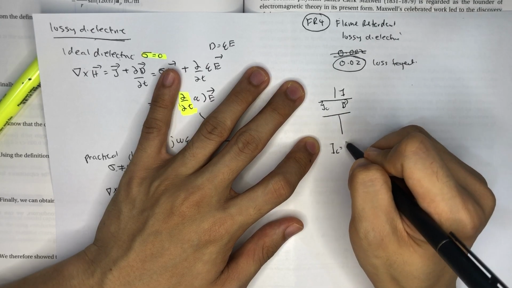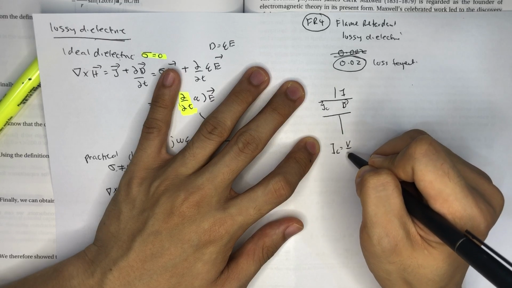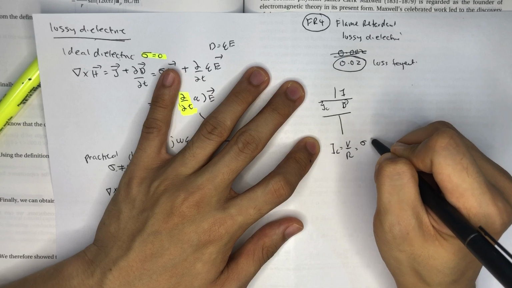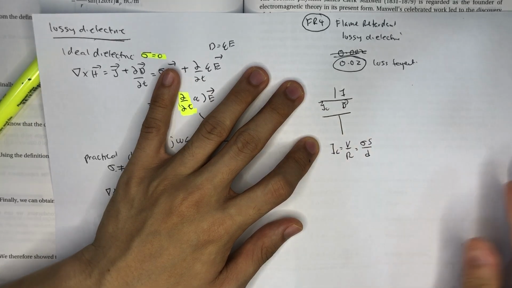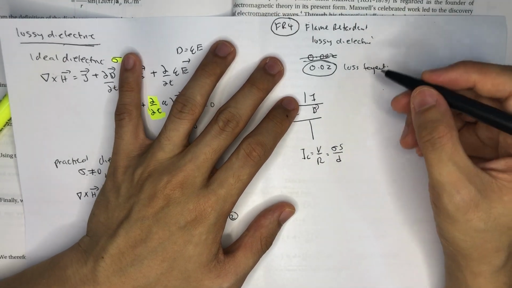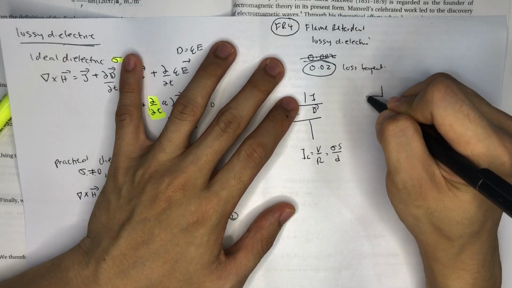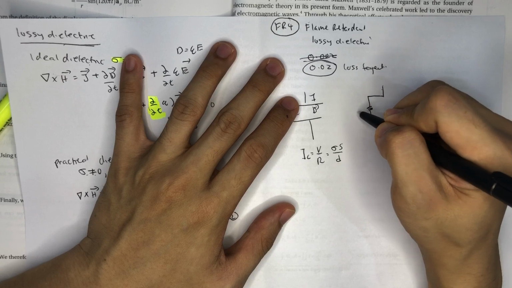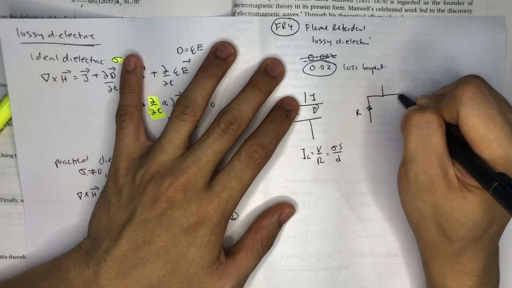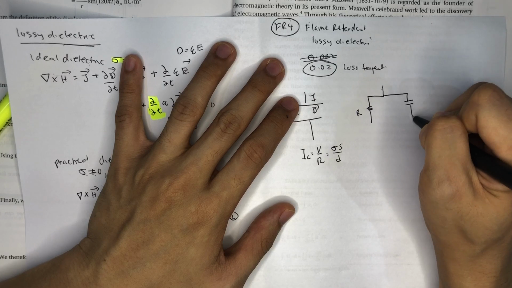For simplicity, you have IC equals V over R, which is Ohm's law. Then V is epsilon S over D. In the practical case, we represent this as a resistor. This one is your conduction current, and this one is your displacement current.